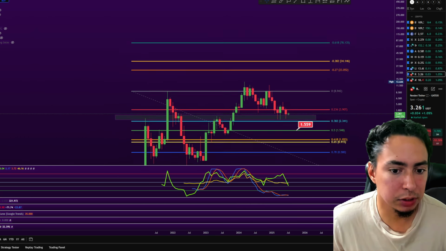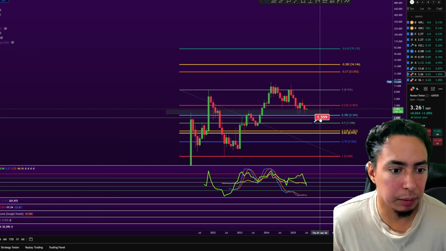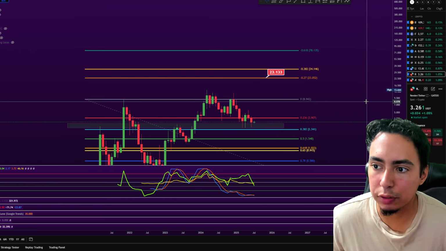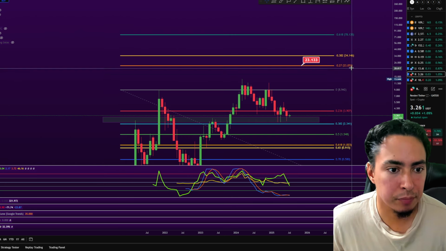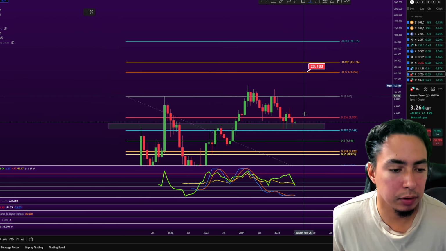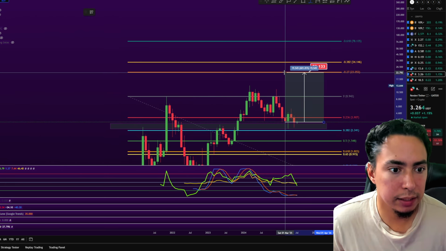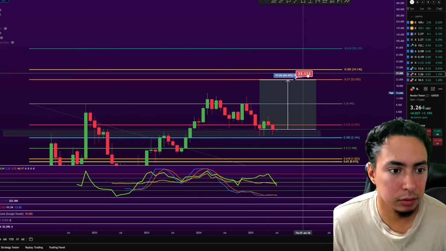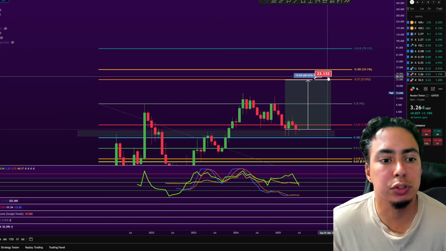But looking at some of the targets for Render, possibly going to all-time highs. The first, most conservative target is around 23 bucks, which from right now is basically a 7x. So 23 bucks is my conservative price prediction.